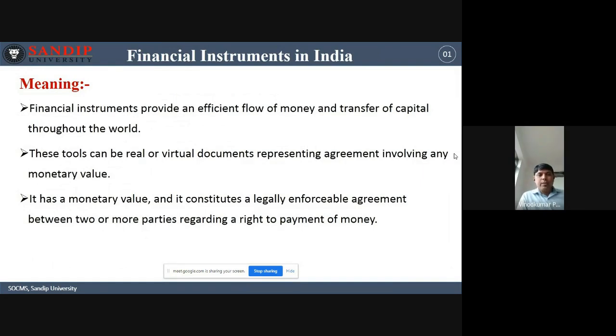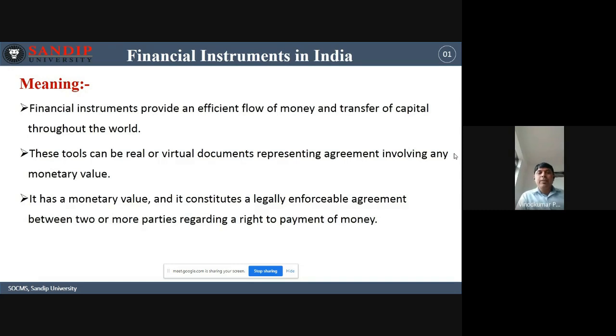From the share market, or if you have a demat account, it is on an online platform. So it can be a virtual document or a real document which represents an agreement between two people.